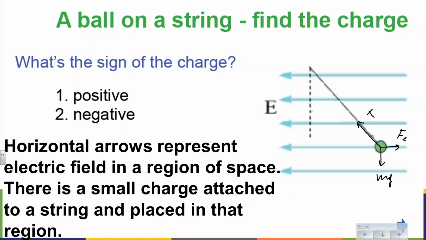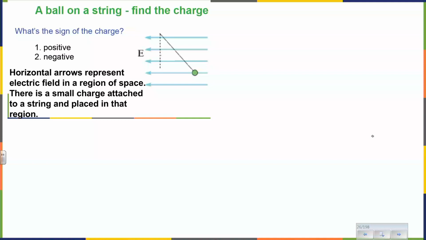But the electric field shown to us points to the left. This arrow represents electric field at the location of the charge. And these variables, electric force, charge, and electric field, are related by this equation. And we know for the positive charge, these arrows are always parallel. For the negative charge, opposite. Since they are opposite, this should be a negative charge.